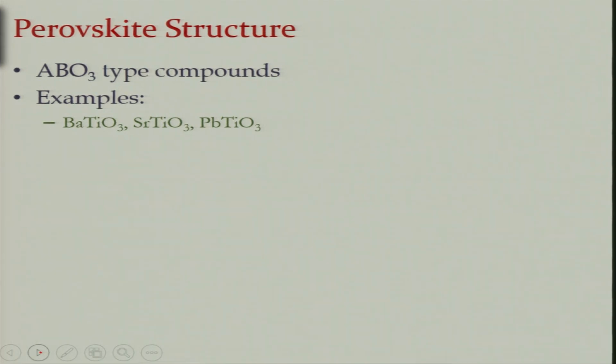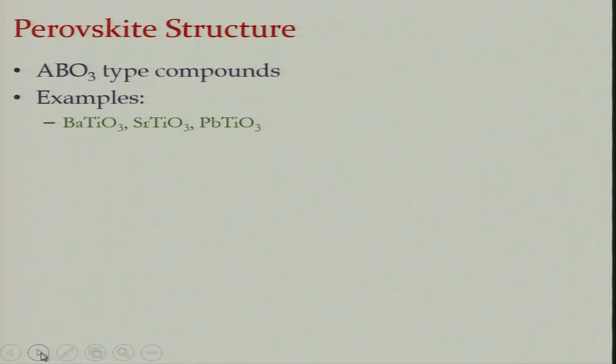The next very important structure in this series is the perovskite structure, which many of the dielectrics follow, especially nonlinear dielectrics, and these perovskites are basically ABO3 kind of compounds. So you have 2 cations A and B and 3 oxygen atoms, and there are plenty of examples of these materials such as barium titanate, strontium titanate, lead titanate, potassium niobate, bismuth ferrite.